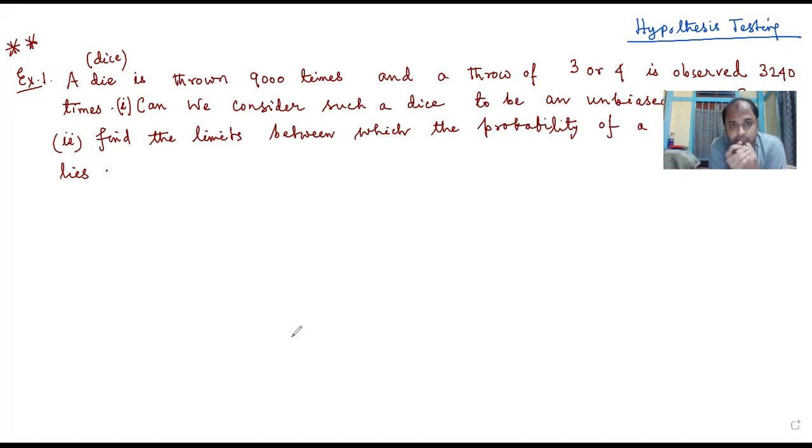That is pretty obvious, because hypothetically or with the help of some software, you are throwing your dice 9,000 times. So that is your sample size. That is clear to all of us. But if this is the sample size, where is the population? That is a big question over here. So first of all, to start the problem, we have to set our goal.